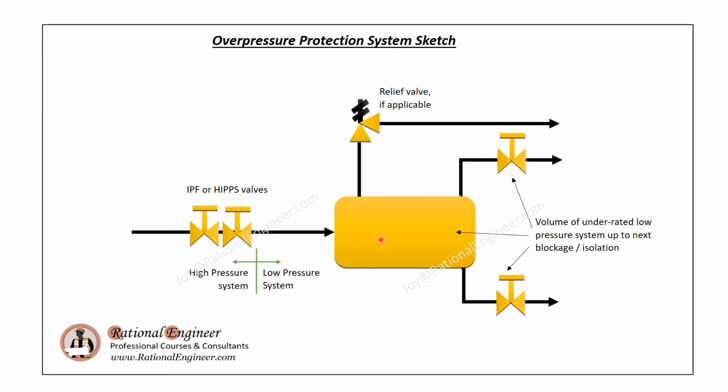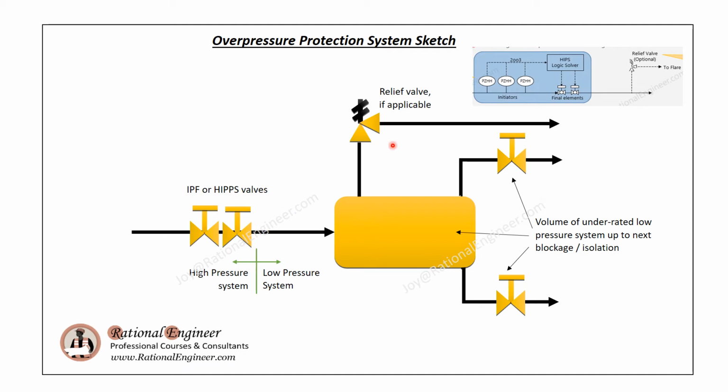In some cases, there could be a HIPPS valve acting as a second barrier. A typical HIPPS valve is depicted here, where there are pressure initiators, a HIPPS logic solver which closes the final elements. So let's say this is a HIPPS valve, then the downstream is protected by the HIPPS valve, and there may or may not be a relief valve on the downstream.